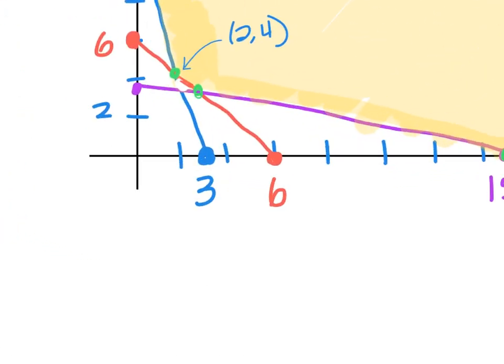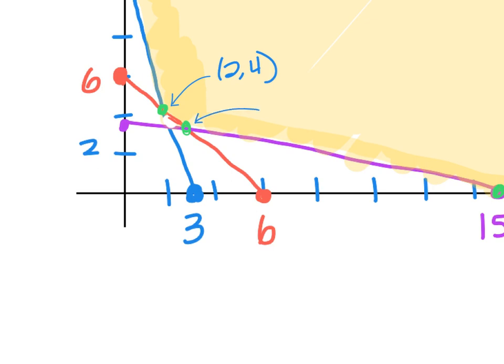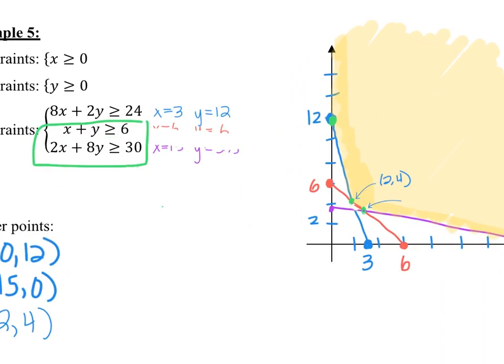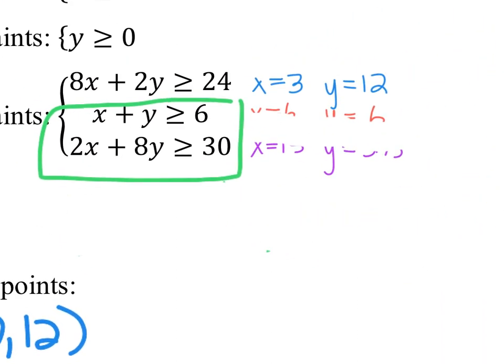And then my last intersection point right here, again, if I use colors, is purple intersecting red. So let's get rid of this work. If I want purple to intersect red, then I want the bottom two equations. I want these two. And I think I'm going to multiply the top row by -2 again.